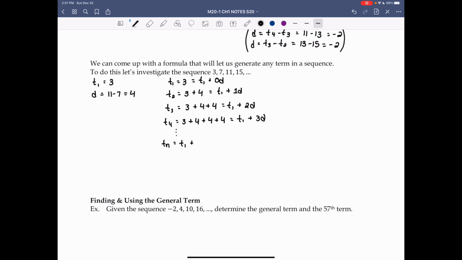So for term n, it would be n minus 1 times d. That gives us a formula for the nth term in an arithmetic sequence. Or if we use a instead of t1, then we can have tn equals the a value plus n minus 1 times d.